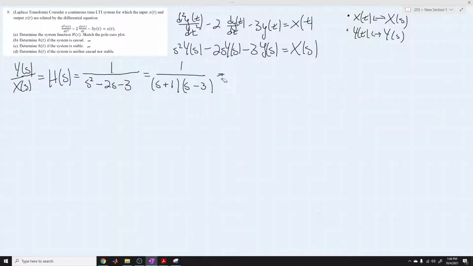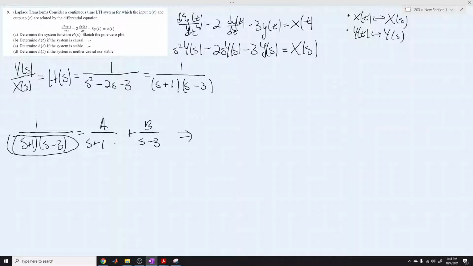And now we'll do the partial fraction expansion of this. So we have 1 over s plus 1 times s minus 3, and that's equal to A over s plus 1 plus B over s minus 3. I'm going to multiply everything in here by this denominator.